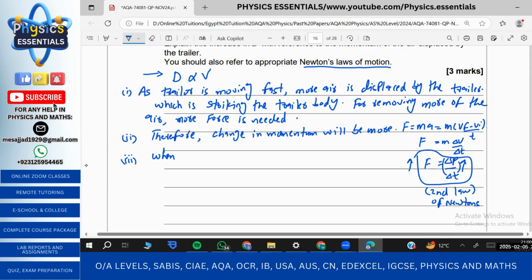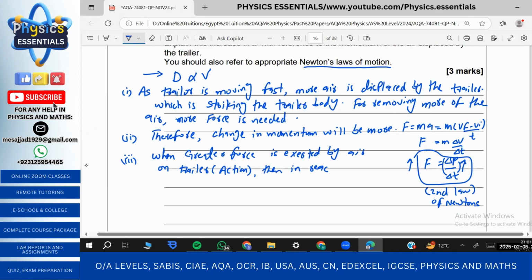So write: greater force is exerted by air on trailer, which is called action, maybe.